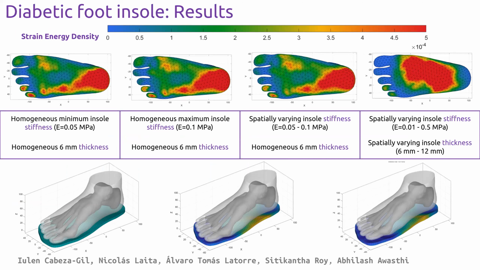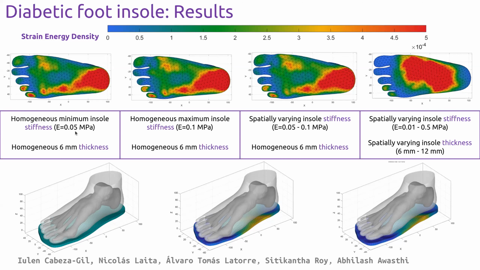In GIBBON, there were already 3 different cases implemented, which are the first 2 images that you see at the bottom part, on the left and the center, which created a homogeneous thickness insole, and they studied different stiffness variation.